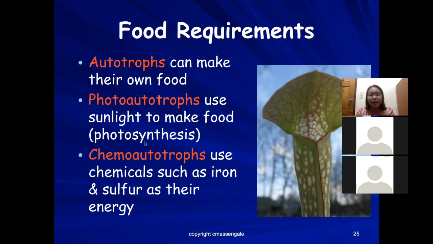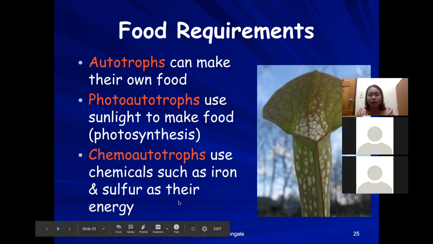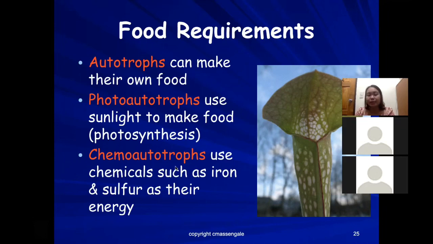If they use sunlight for photosynthesis, especially plants, these are photoautotrophs. And if they use chemicals like iron and sulfur, these are called chemoautotrophs, like some algae and some other plants like this pitcher plant, and also some bacteria.